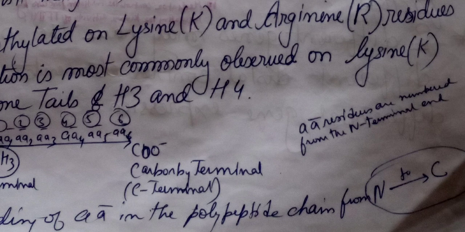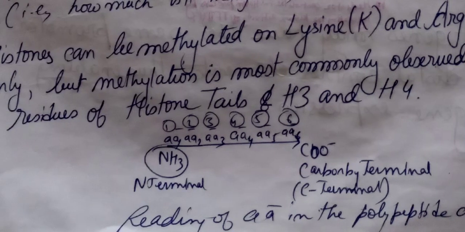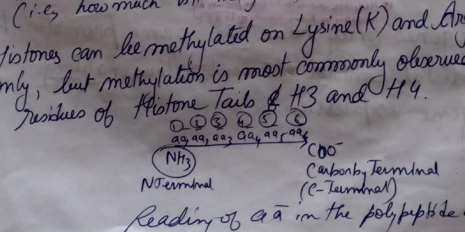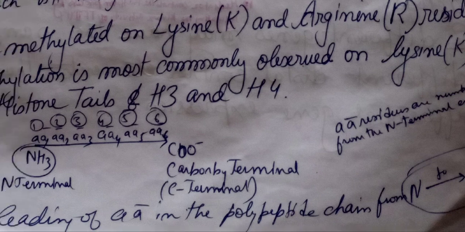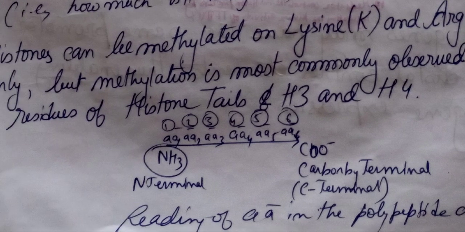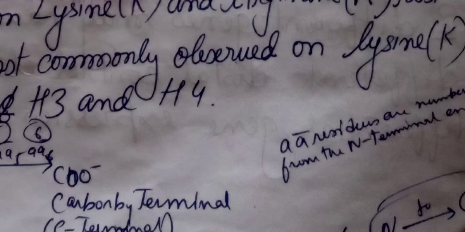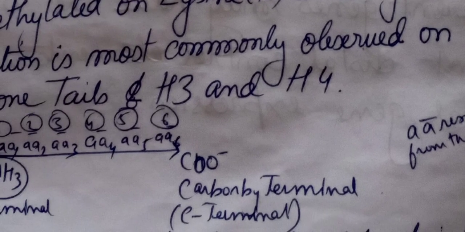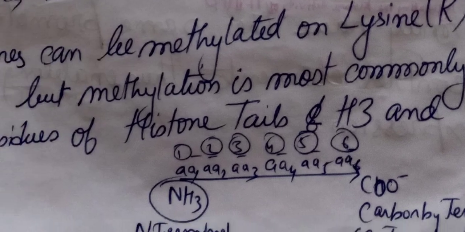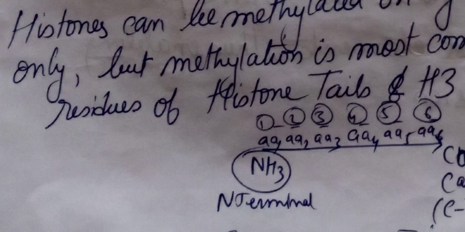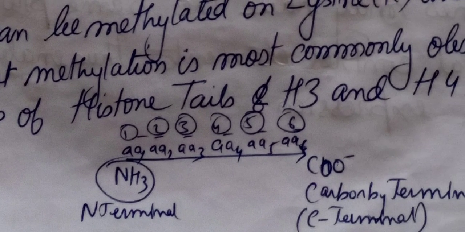Generally speaking, histones can be methylated on lysine and arginine residues, but methylation is most commonly observed on lysine residues of histone tails H3 and H4.